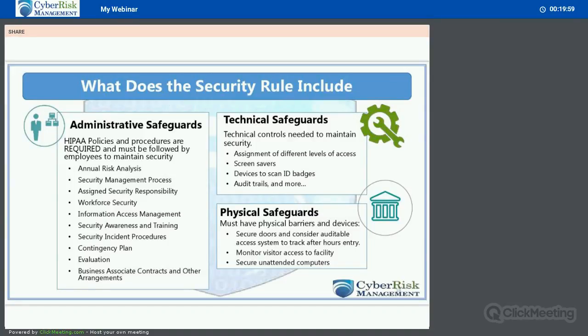What is your contingency plan? Do you have business associate contracts and other arrangements in place? And do you have a vendor management program in place? Because covered entities are responsible for making sure that their vendors, their business associates, are putting forth due diligence into their systems also.